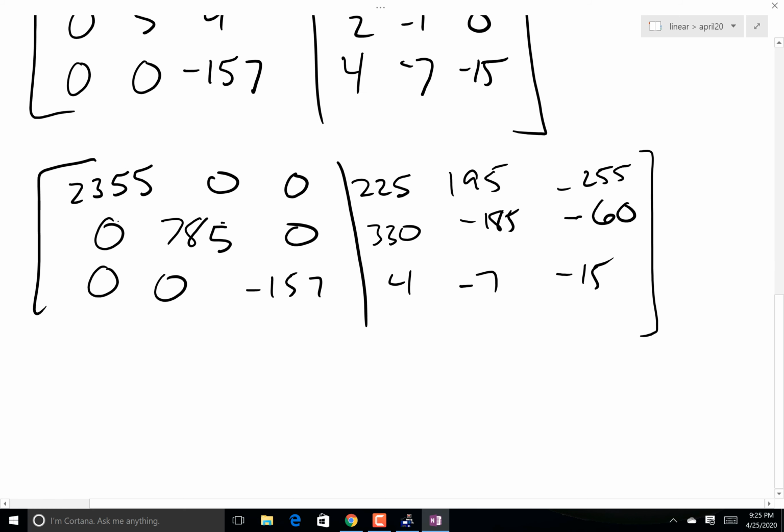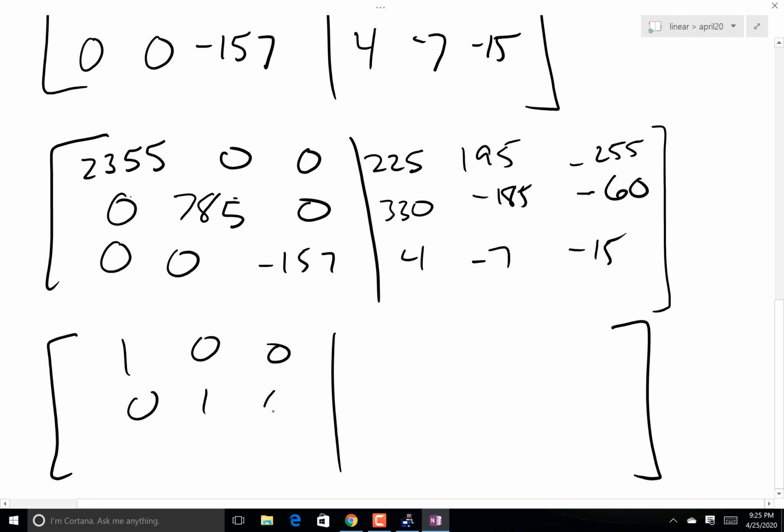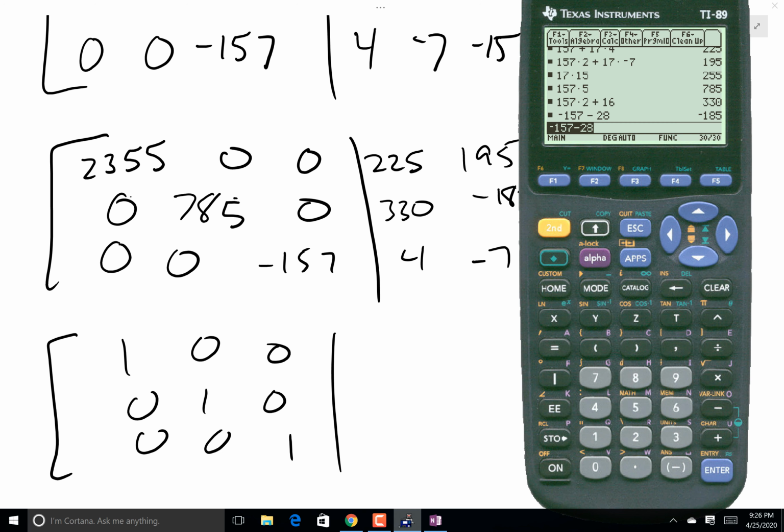Okay, so then if a fella were to divide this out, one would get this. And then let's divide the math here. 225 divided by 2355 is 0.0095.